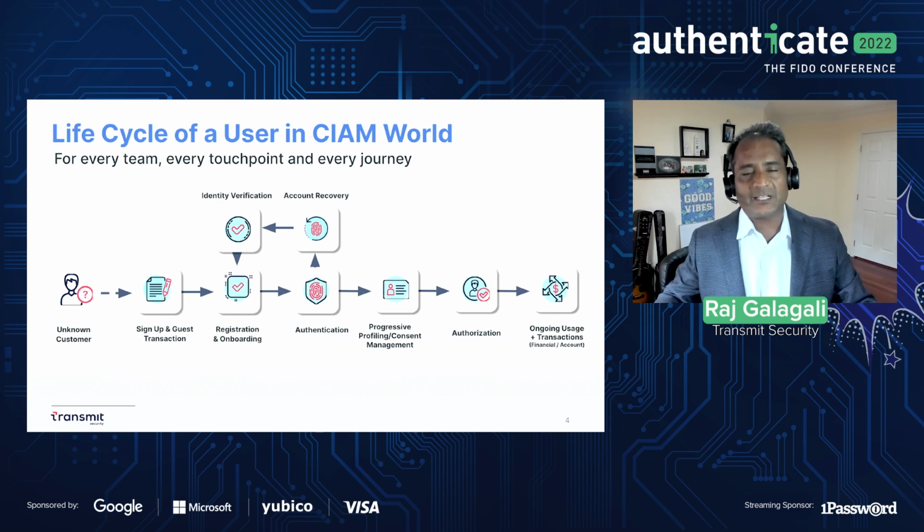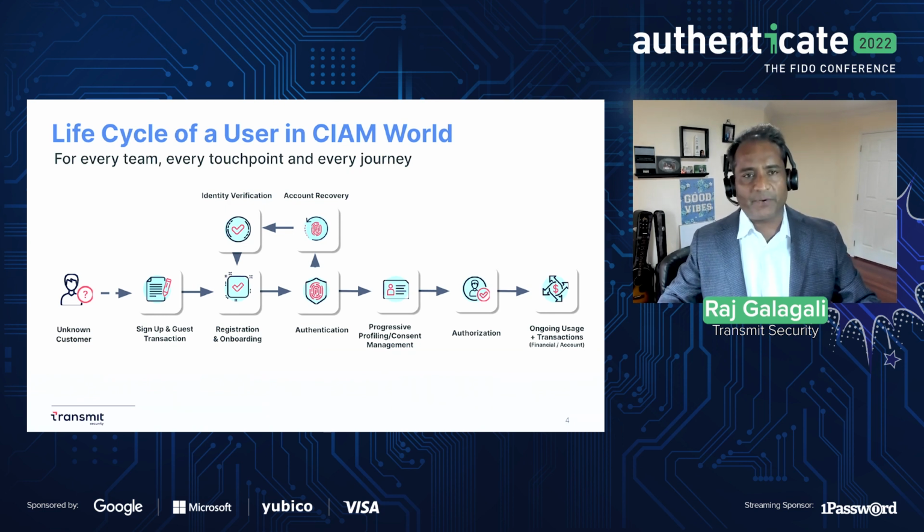These are customers that they may or may not have a whole lot of information about. As a result, each enterprise, based upon their internal process, business requirements, and the industry that they're in, may have a different registration and onboarding process. It may include identity verification. It may include different forms of authentication, and so on.